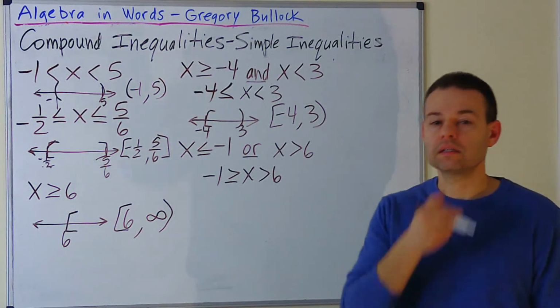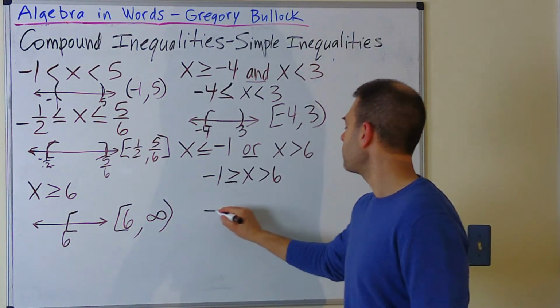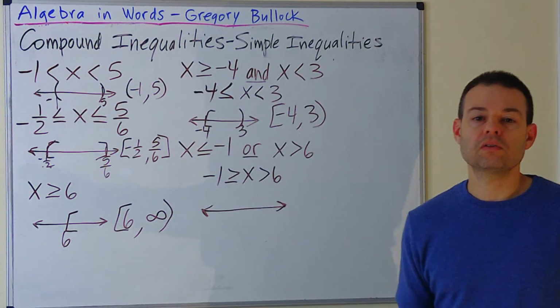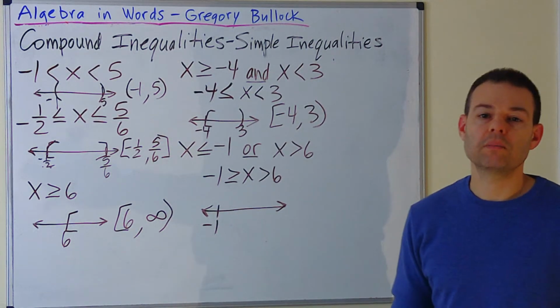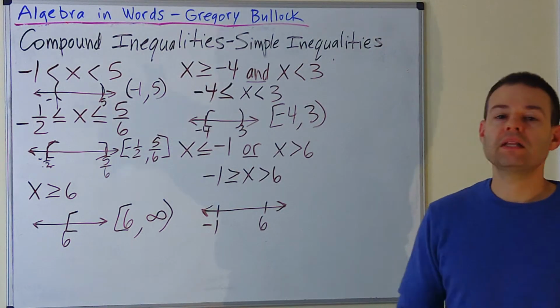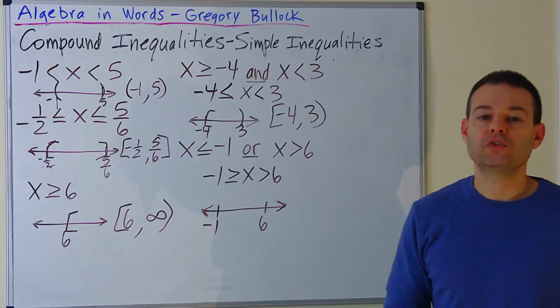Okay, now that's done. Now what we're going to do is graph this. So we'll draw the number line. The smaller number goes on the left, -1, and the greater number on the right, 6. Now let's use their original inequalities to graph each one.